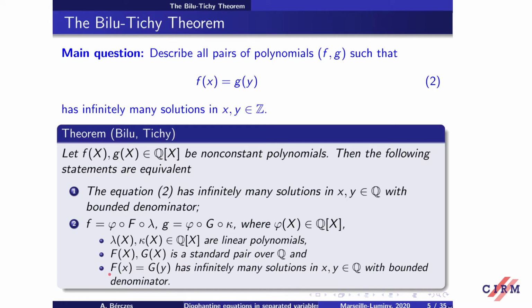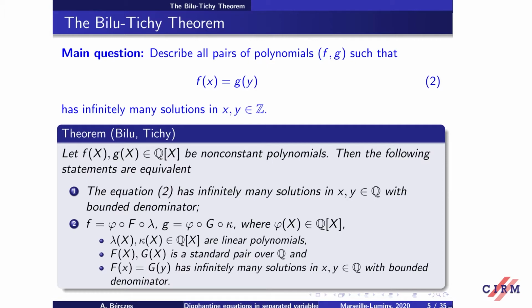And phi is just a polynomial with rational coefficients, and it also has to be assumed that the equation f(x) equals g(y) does have infinitely many solutions in rationals with bounded denominator.